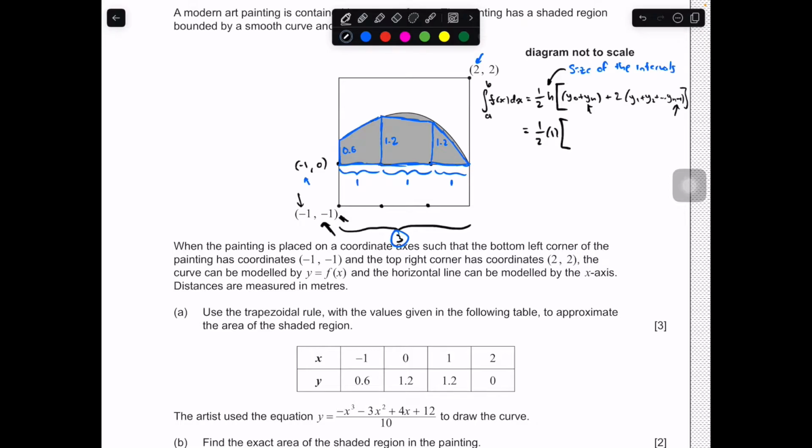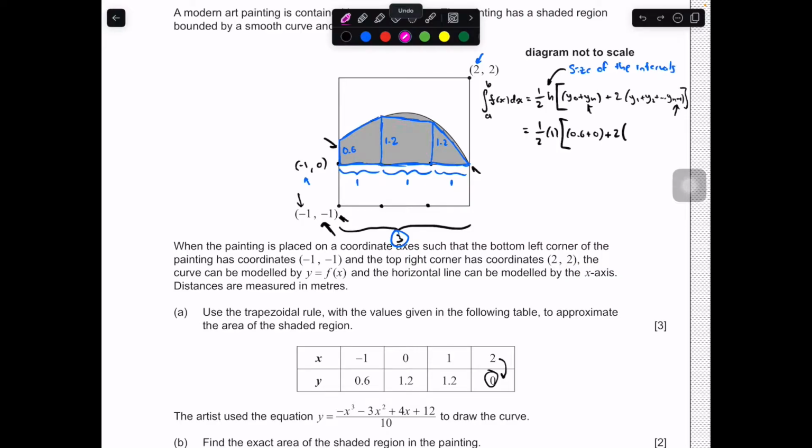So we know that h in this case is equal to 1. The height at the very beginning is equal to 0.6. The height at the end, right here, is equal to 0, plus 2. And then these points, remember, are shared by 2 different trapezoids. It's shared by this trapezoid right here, and it's also shared by this one to the right.